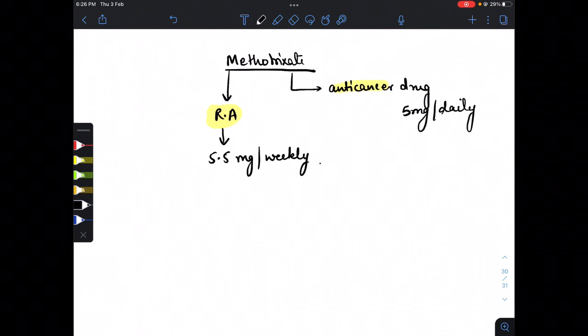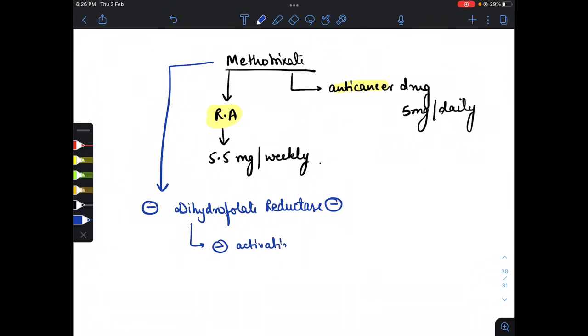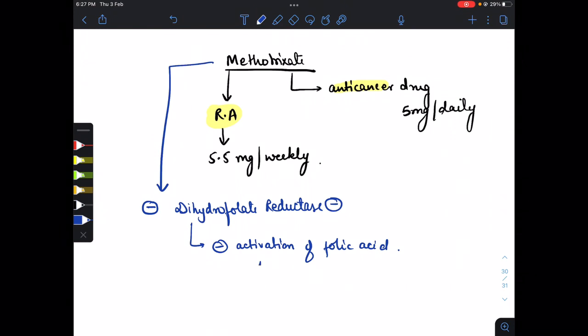As it inhibits dihydrofolate reductase, it inhibits the activation of folic acid, that will result in decreased formation of purine and pyrimidine.